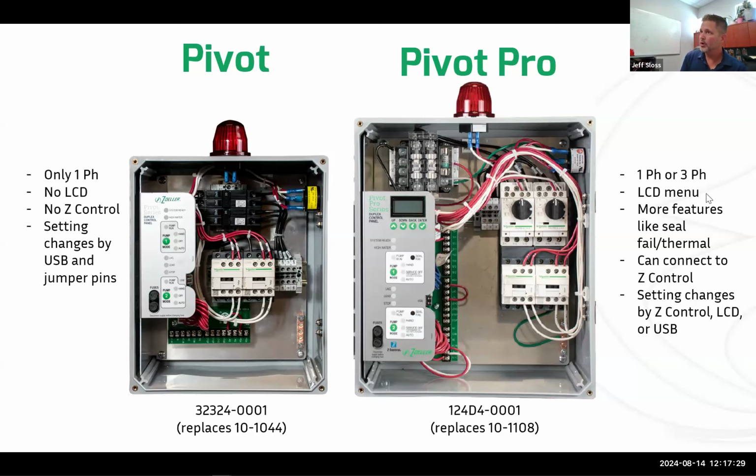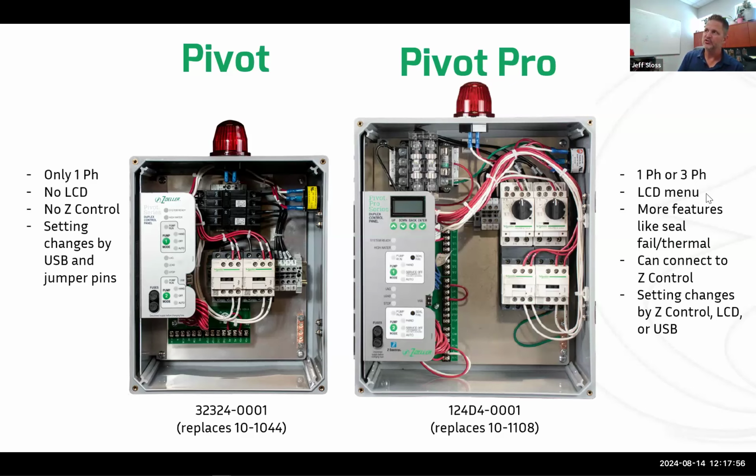So Pivot Pro, you can buy that either in single phase or 3-phase. It has the LCD menu. It has features like seal fail and thermals. That's in addition to the features that Pivot has. So when I'm going through some of the features in a little bit, all the features apply to both platforms, Pivot and Pivot Pro.